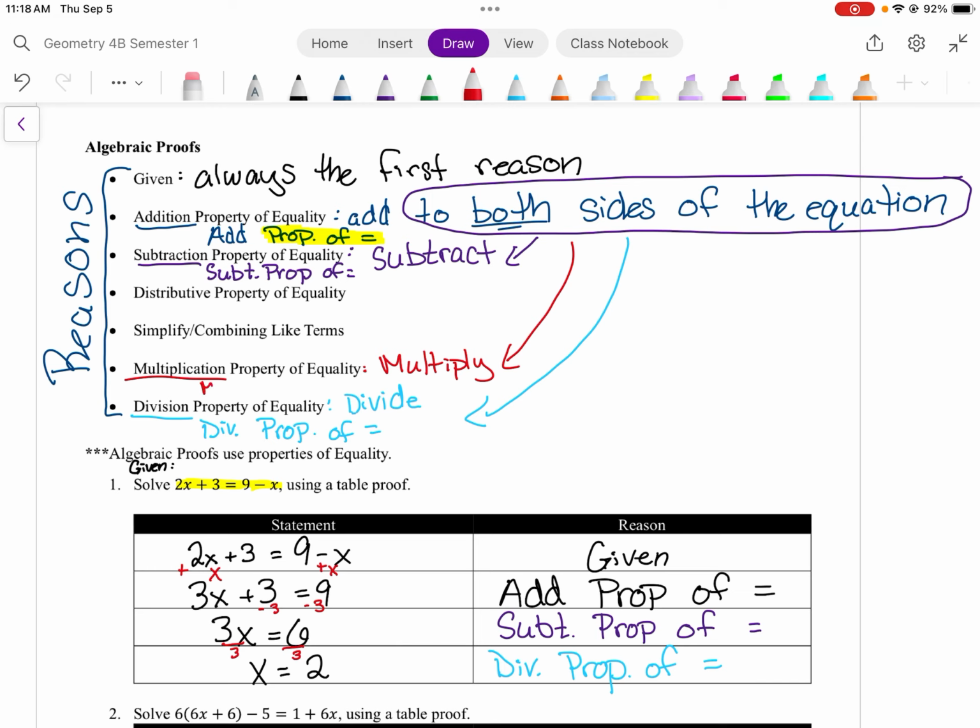So that one we would just abbreviate to MULT for multiplication and then put our prop of equality. And then we'll go over the last two reasons with our next proof. So I'll leave this here just in case you need to pause it and copy down any more information.